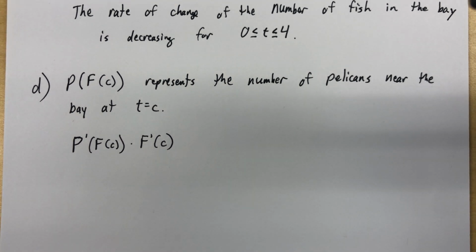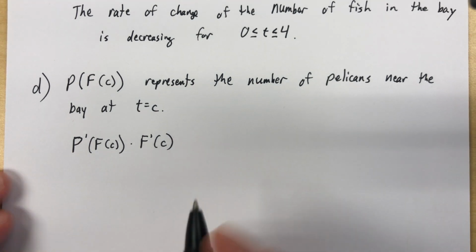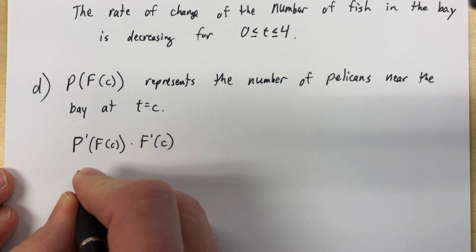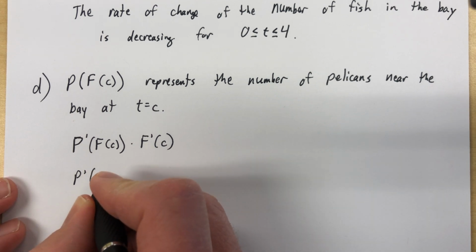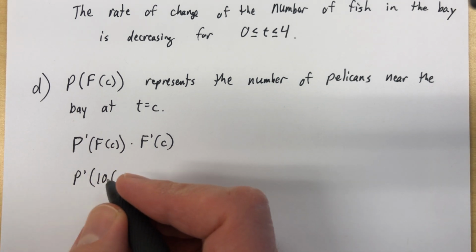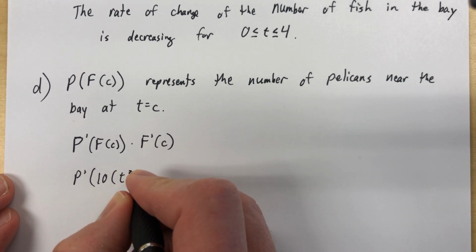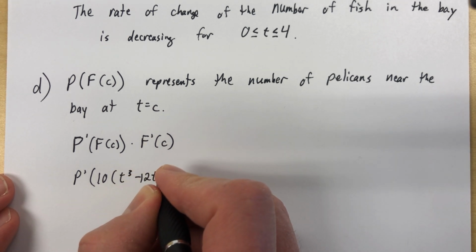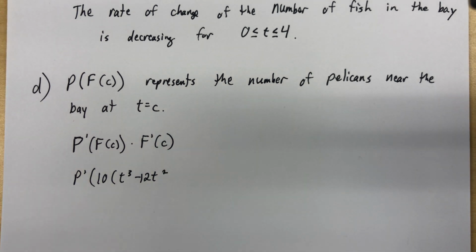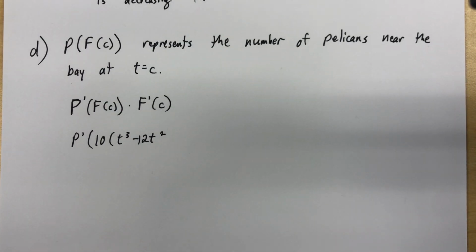We actually know enough to do a little bit more specifically with that. If you stop here, I don't think you're going to get enough points, because you do know some stuff. You know what f is, you know what f prime is. So P prime, don't know it, but we can do some stuff with the rest of it. So 10 times, going back to the original function, 10 times t cubed minus 12t squared. Oh, I just made a mistake. I hope you caught it.